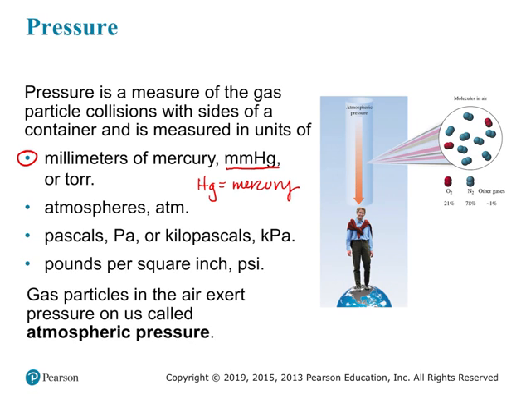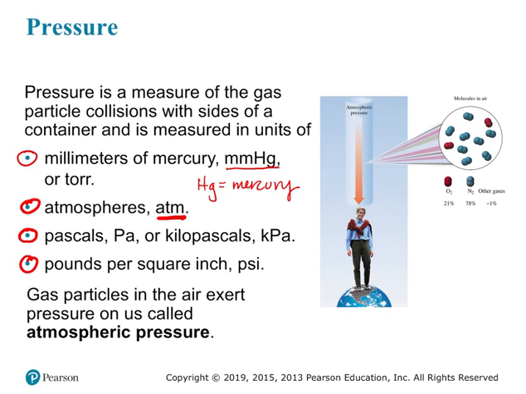We'll talk about this particular unit a bit more in a couple seconds, but this is kind of a strange unit right out of context. We also have atmospheres, which is abbreviated ATM, and then pascals or kilopascals. Kilopascals is just a larger unit related to pascals. And then this one you might be familiar with, pounds per square inch, or PSI. That's usually the pressure we use for tires. So this unit you might have seen before if you filled up your tires.